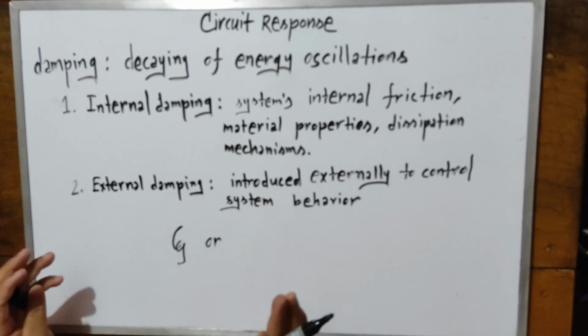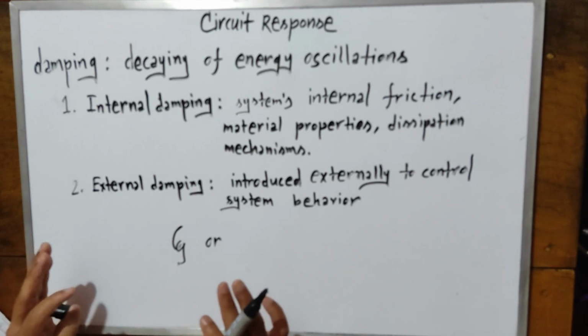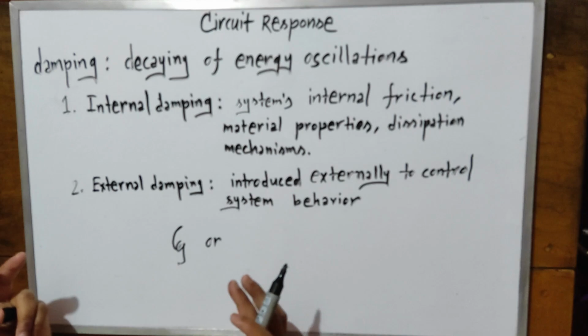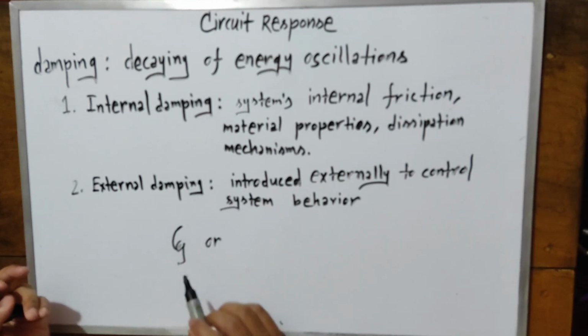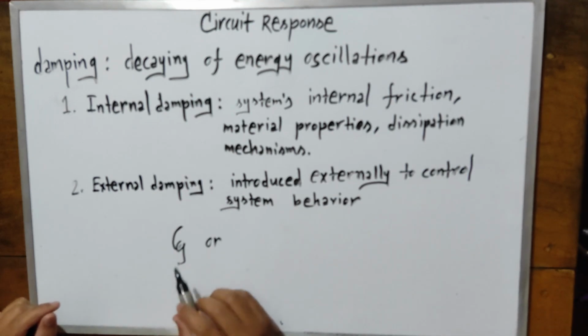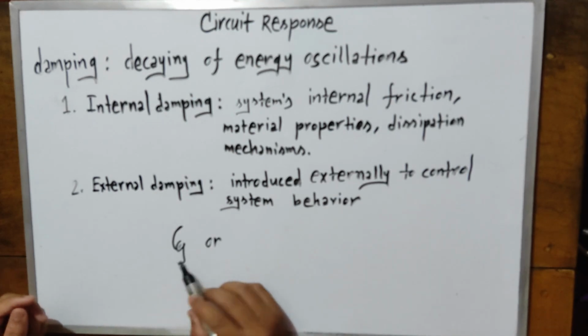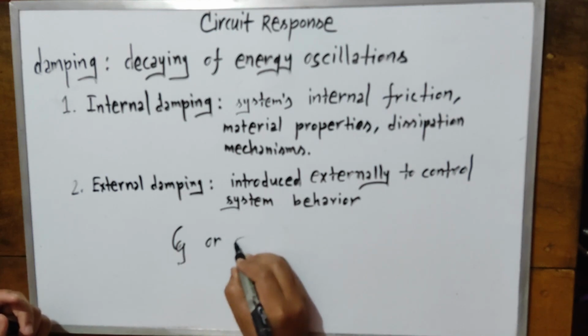In electrical systems, mechanical systems, or systems in general, damping is measured by a parameter called the damping coefficient or damping factor, which is expressed by zeta or psi, or by the Greek letter sigma.